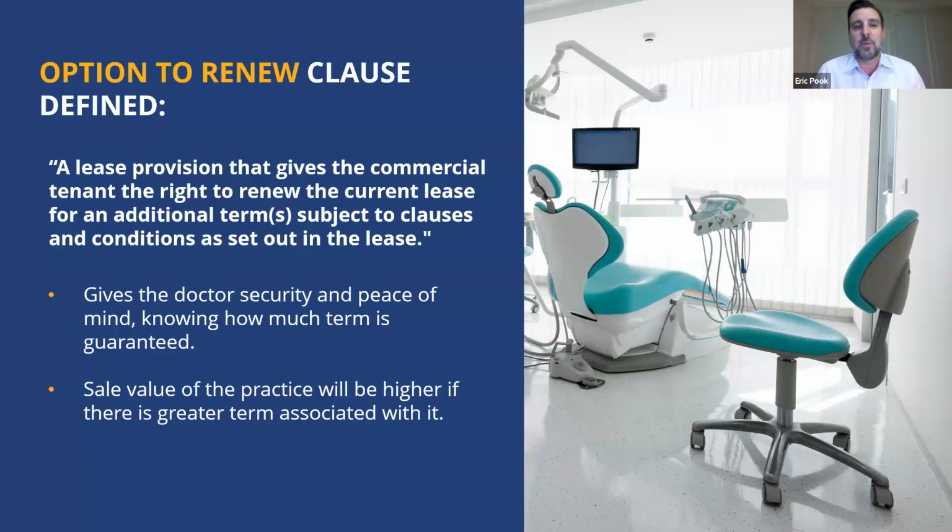So, unfortunately, most landlords, if not all, don't proactively remind you that, oh, doctor, don't forget, you have to send me that registered letter that lets me know that you want to stay another 5 years. What we've seen so many landlords do lately is send through letters the day after the option to renew passes and lapses, and the remaining 5-year options to stay and renew in the space become null and void.